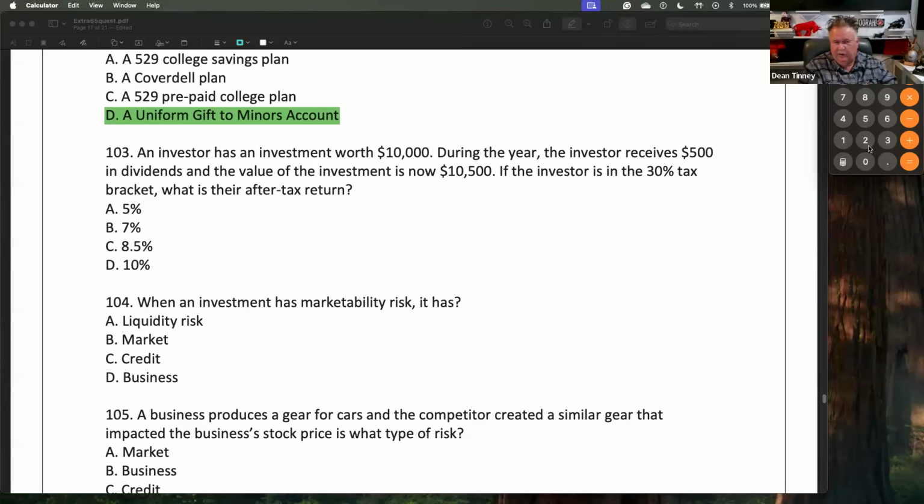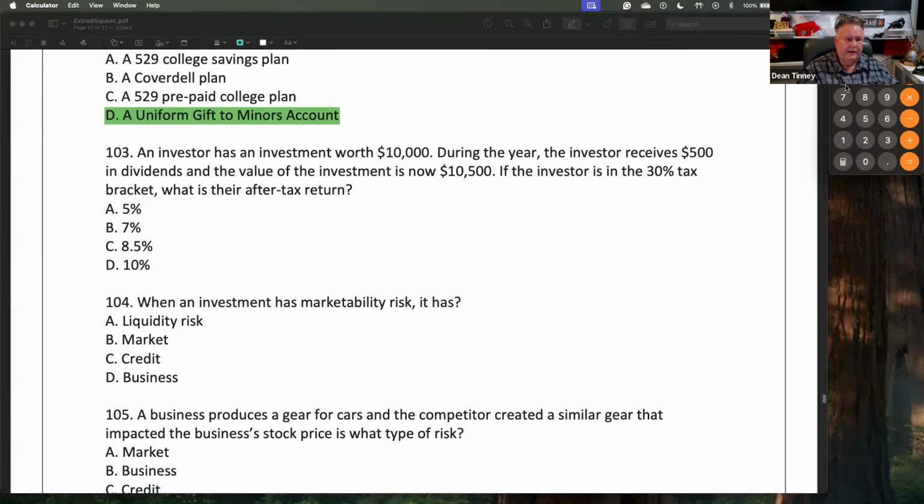I was going to multiply it by 70, right? We get to keep 70% of the $500, or we give 30% to the government. So we're going to have 350 in income, right?